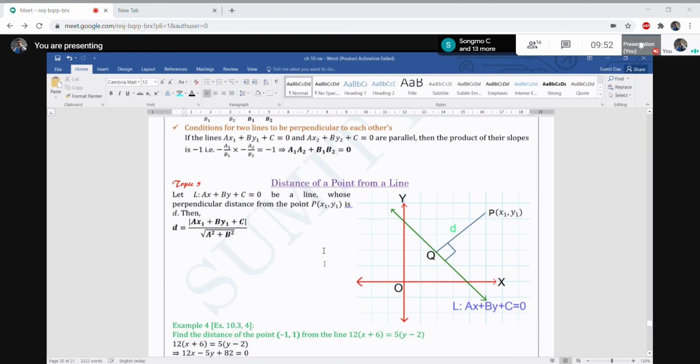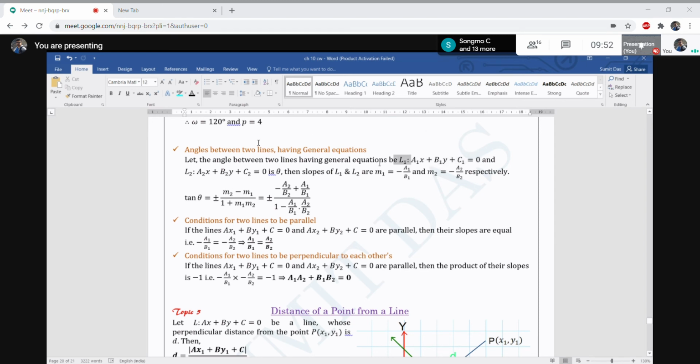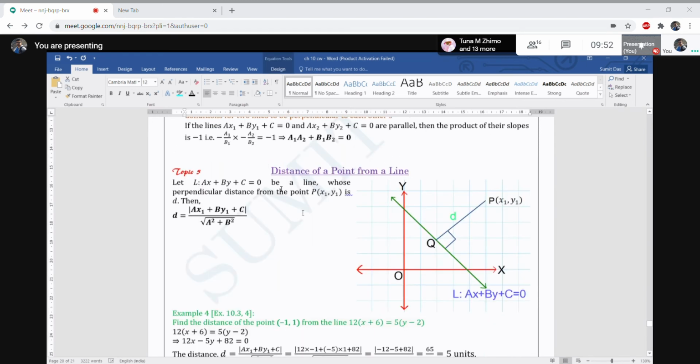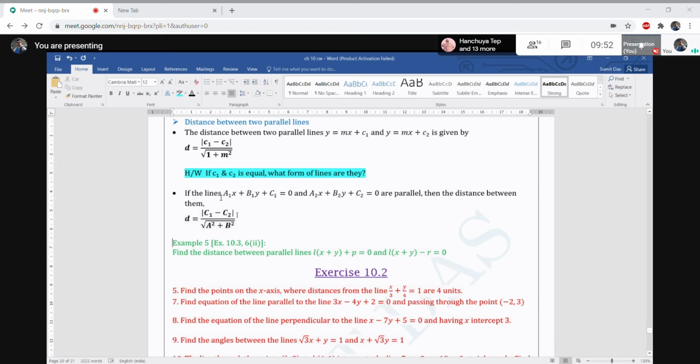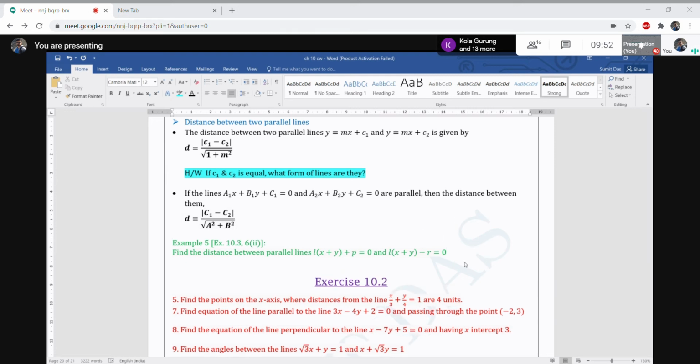If the general equation is given as a1x plus b1y plus c1 equals 0 and a2x plus b2y plus c2 equals 0, then the distance between them will be d equals modulus of c1 minus c2 divided by the square root of a square plus b square.